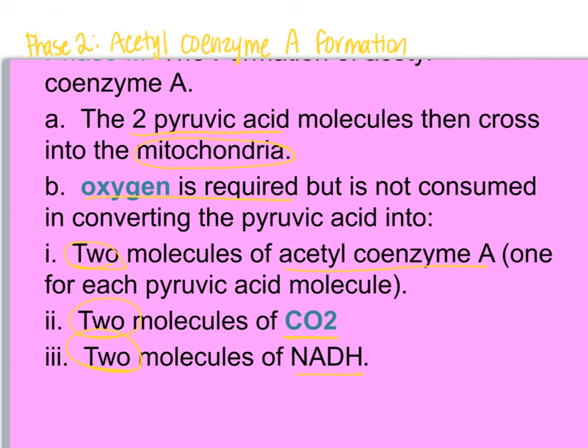These are all products. This is where your carbon dioxide is produced, and the oxygen and your pyruvic acid are your reactants. So pyruvic acid and oxygen are turned into acetyl coenzyme A, CO2, and NADH.